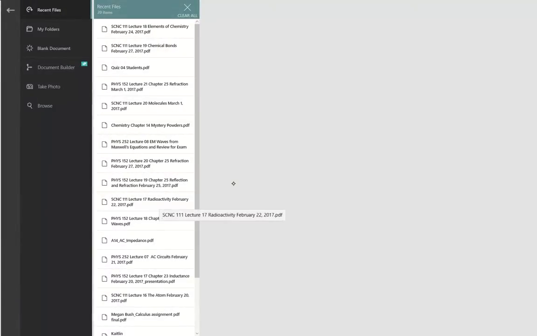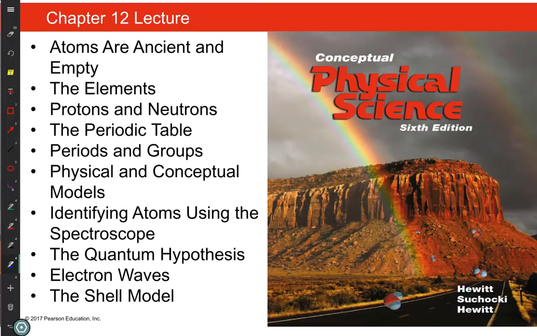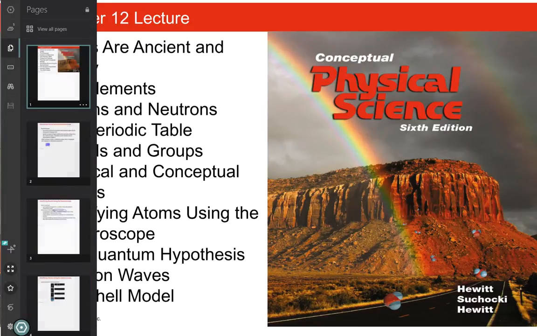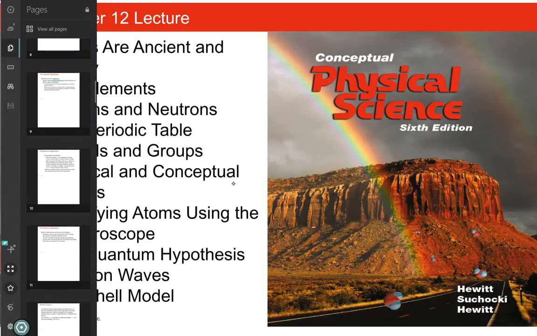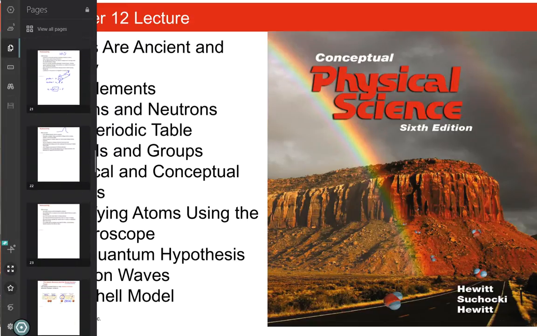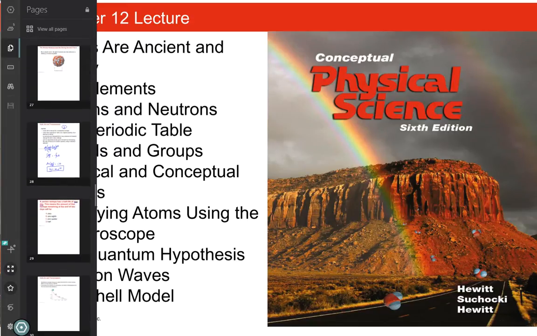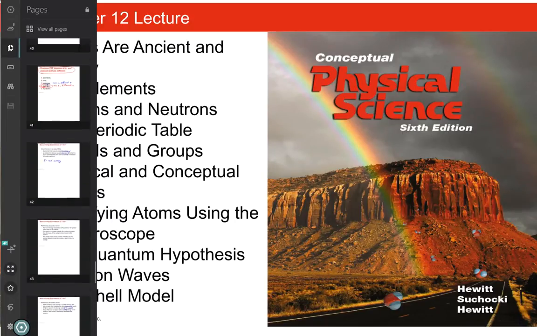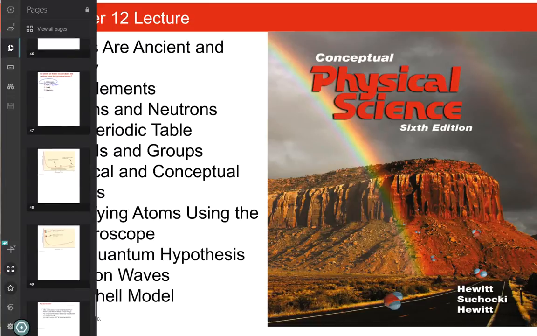Because you do have to go to the picture to understand it. For the one involving uranium, yes, there's a picture. Here we go.